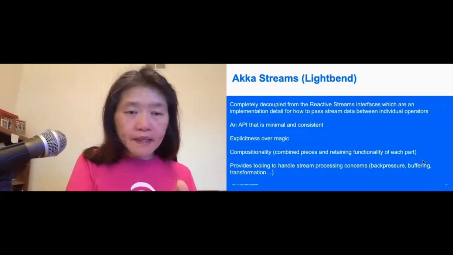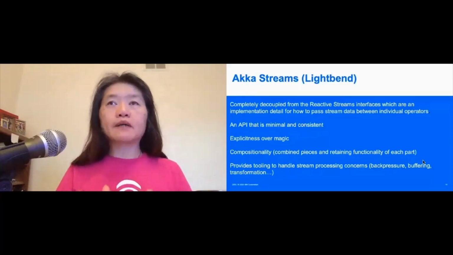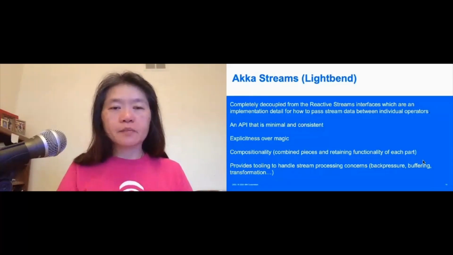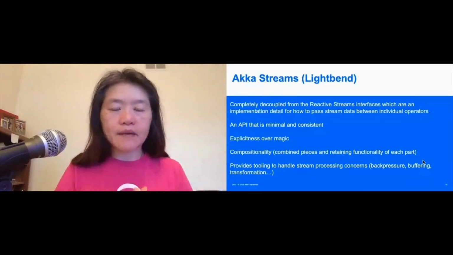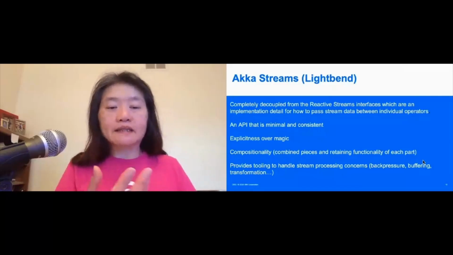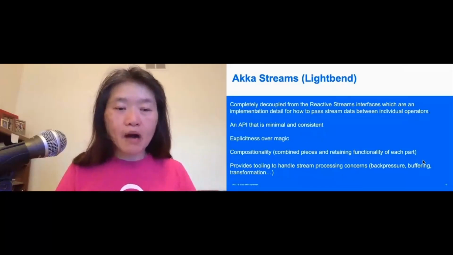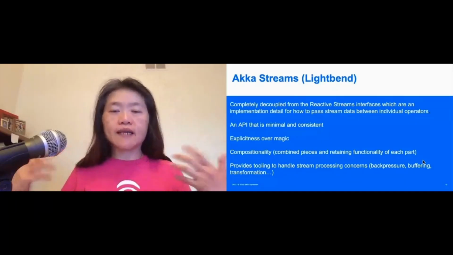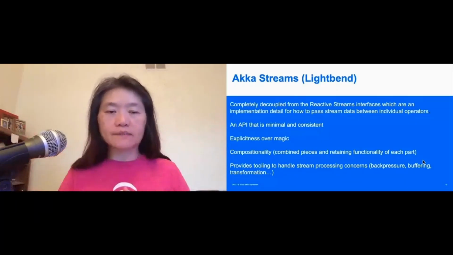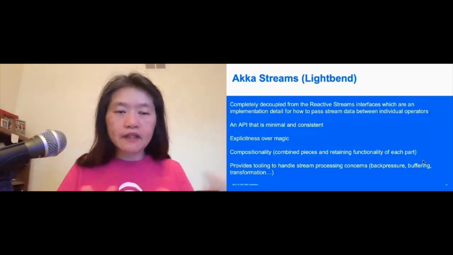So, basically, Akka Streams were saying that, well, we don't want to just expose these push or publisher, subscribe methods, but they have their own API that's minimal and consistent, and they emphasize explicitness over magic, and compositionality, where you can combine the pieces and retain the functionality of each part of your system too. And again, very loosely coupled.